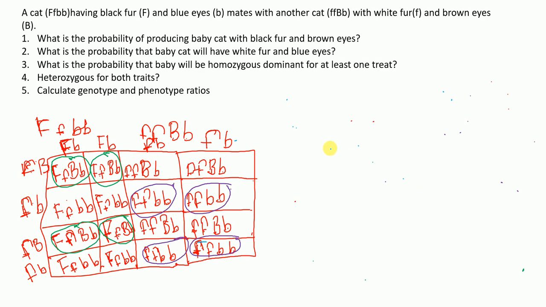And now we're going to question number 5. Question number 5, what is the genotype ratio? Okay, genotype ratio. So first, what do we have? Capital F, small f, and capital B, small b. These 2.